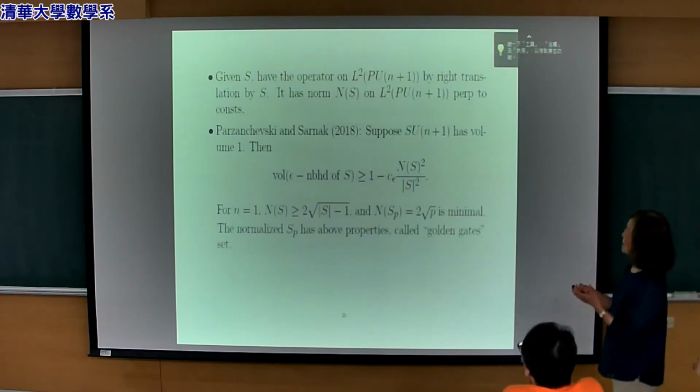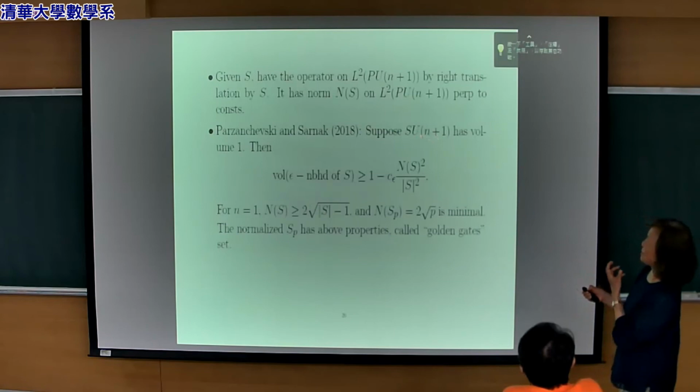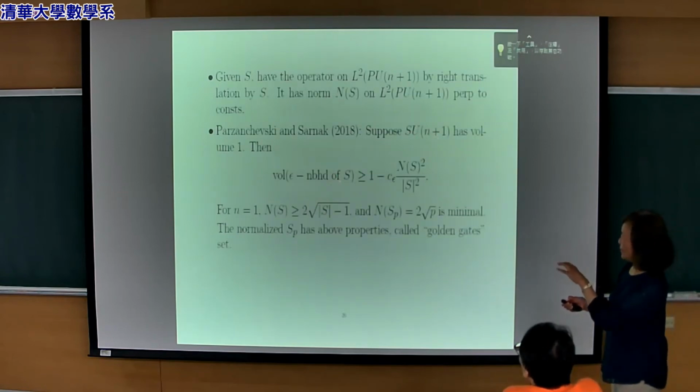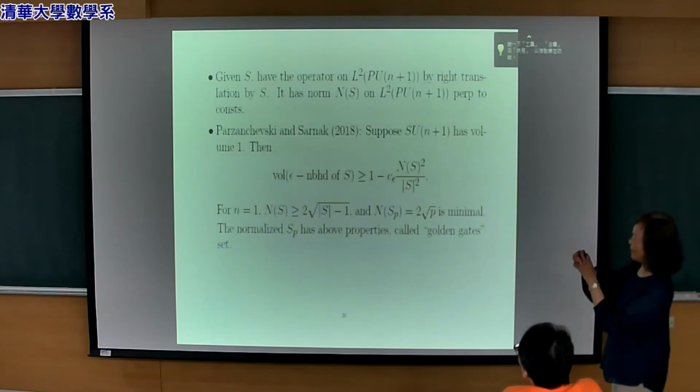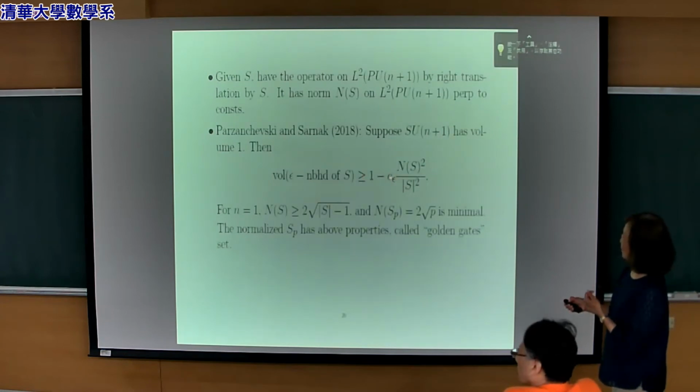If you take the Haar measure, so if the whole group has a Haar measure 1, you take this set S, you look at the epsilon neighborhood, there was some overlapping. You look at the volume covered by the epsilon neighborhood of points inside S. So its lower bound is 1, which is the whole thing, minus this fixed proportion. The fixed proportion has some constant depending only on epsilon, and the size of S squared, the denominator.